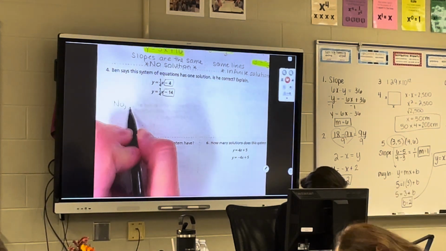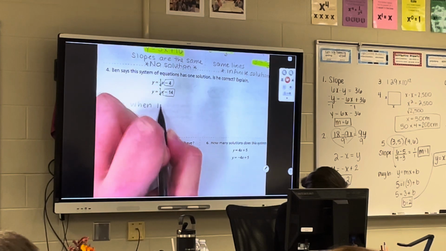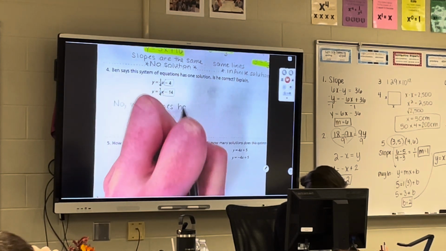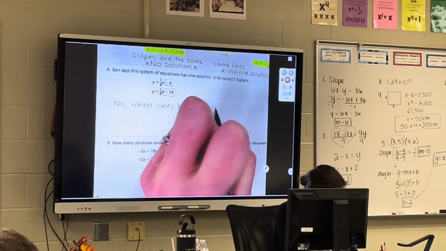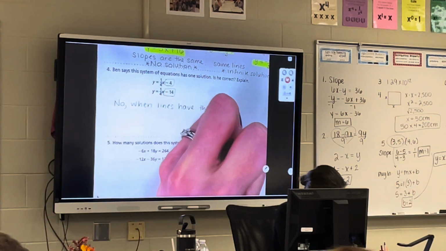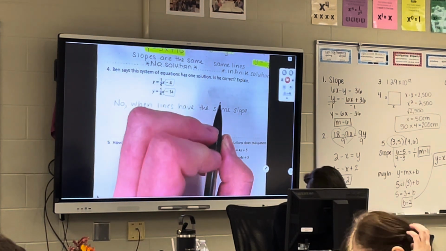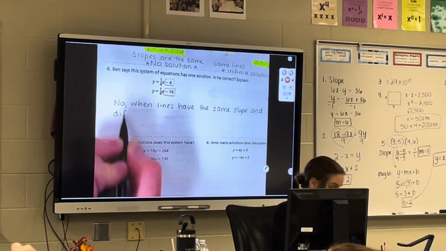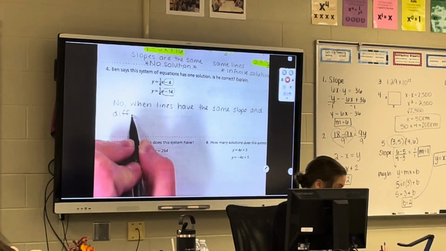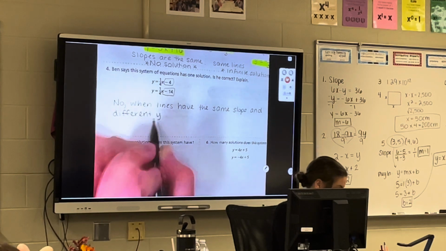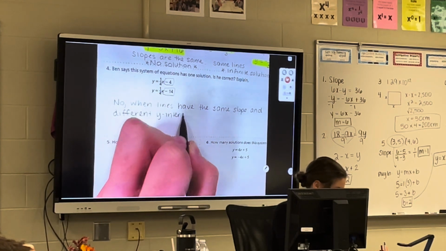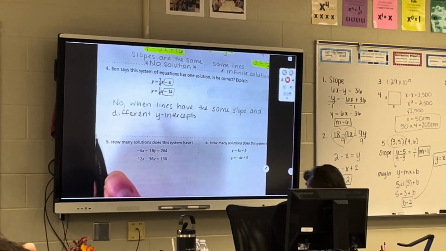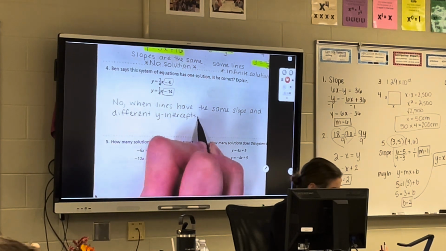When lines have the same slope and different y-intercept, they become parallel.